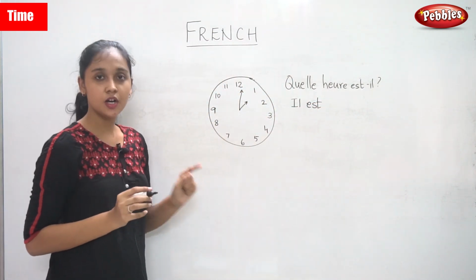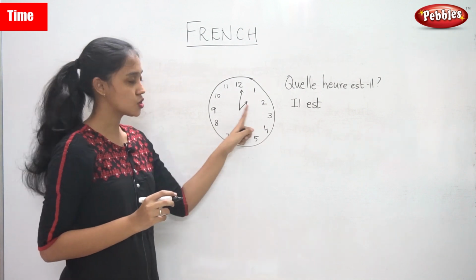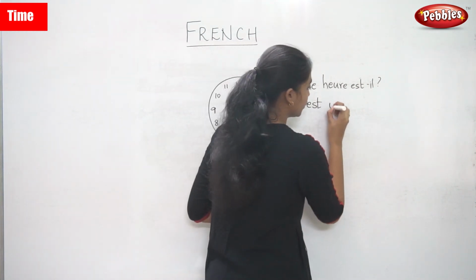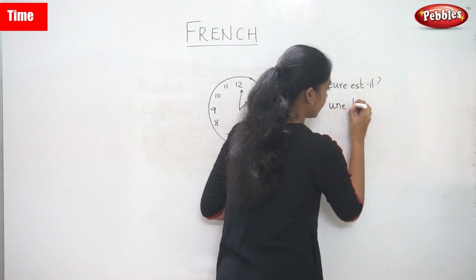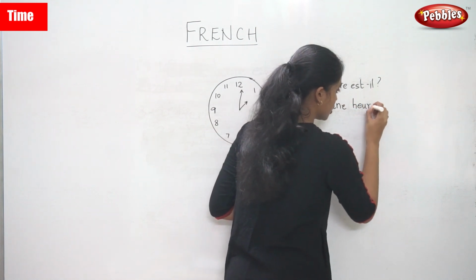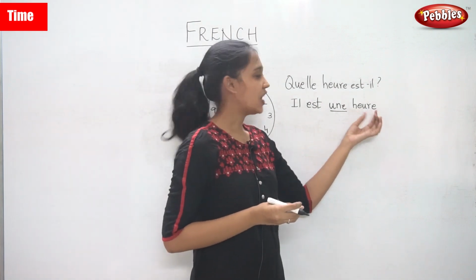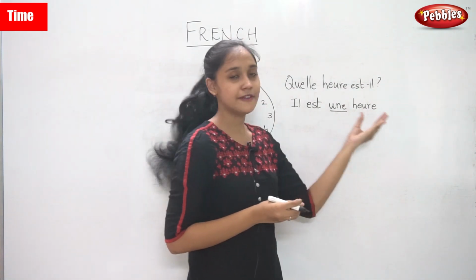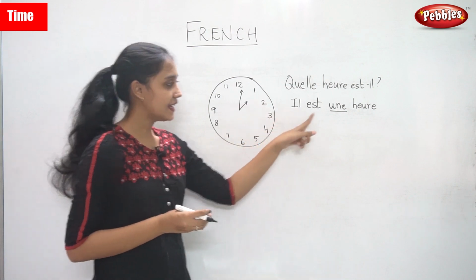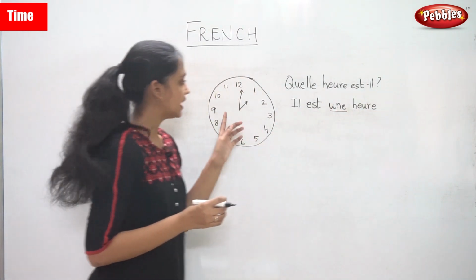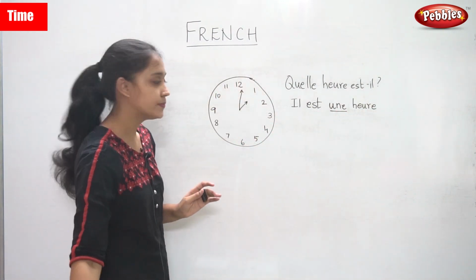It is 1 o'clock. So why do we use une here? Because the noun heure is feminine. So une heure. It is 1 o'clock.